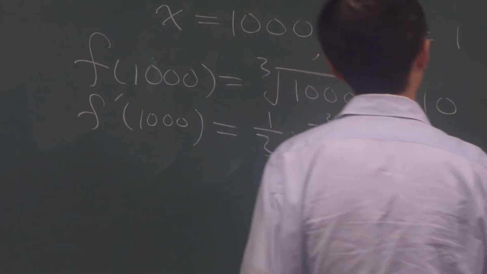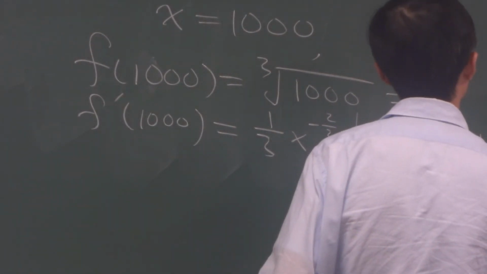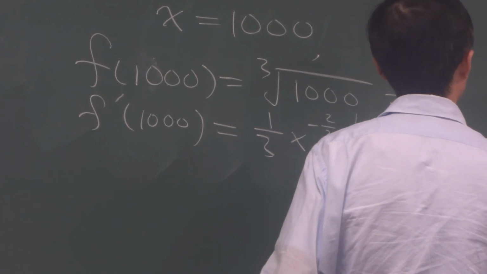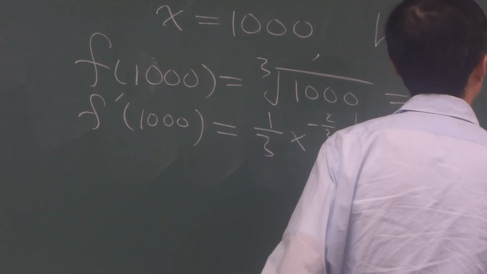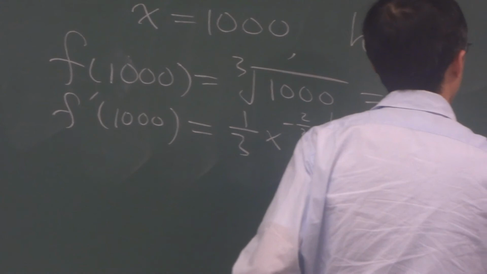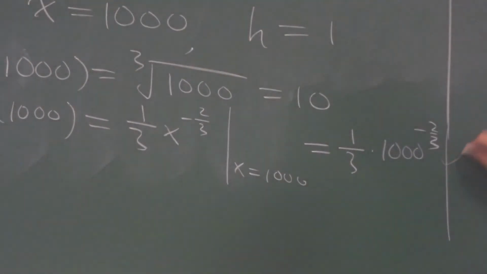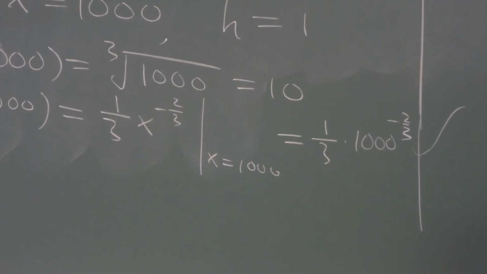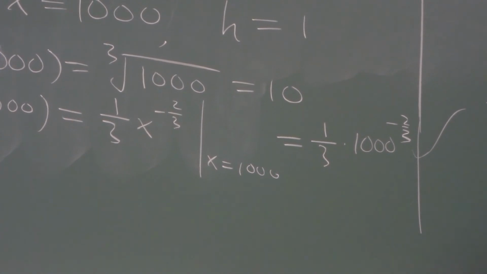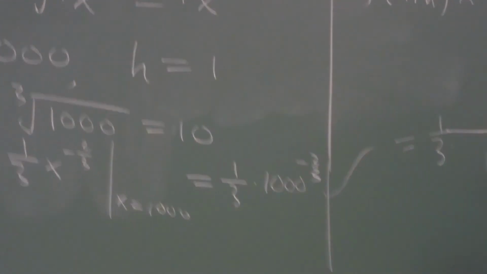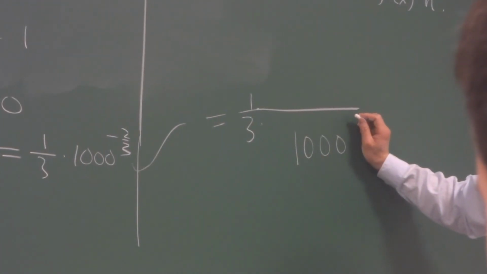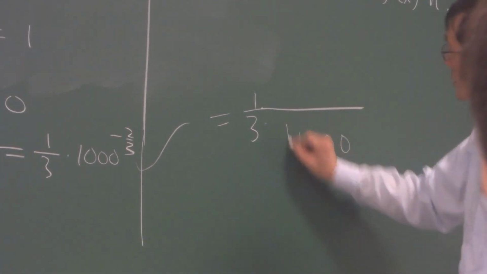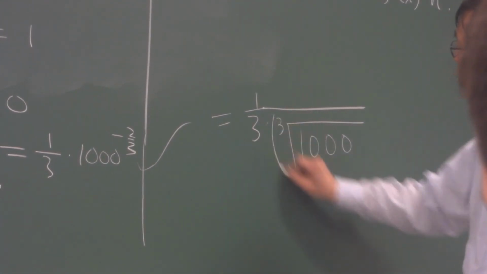So this will give you 1/3 times 1,000 to the negative 2/3. What is that number equal to? Let's do it on the scratch paper. Because it's a negative power, you put it on the bottom, so 1,000 to the 2/3. 2/3 means take the third root and then square.